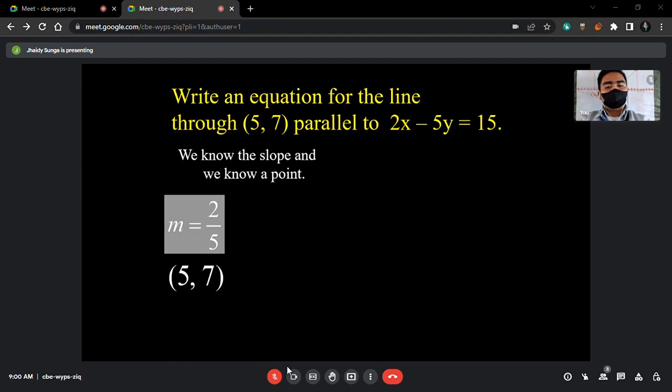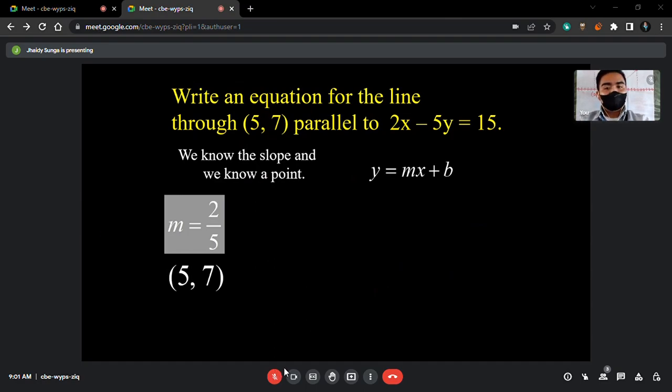Alright, and we know our point. We solved this already, the point and the slope. Now, what we are going to do is to show the slope-intercept formula. You have the given, formula, solution, and answer po. So your slope-intercept form is y is equal to mx plus b.